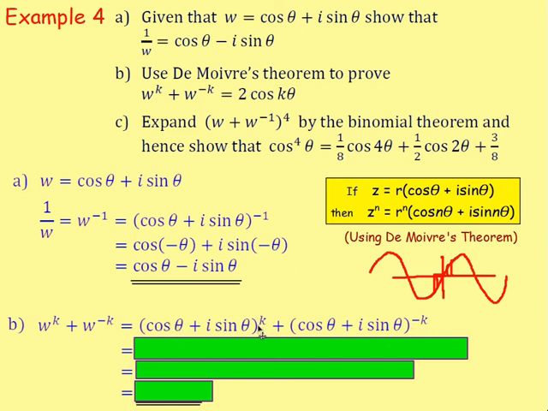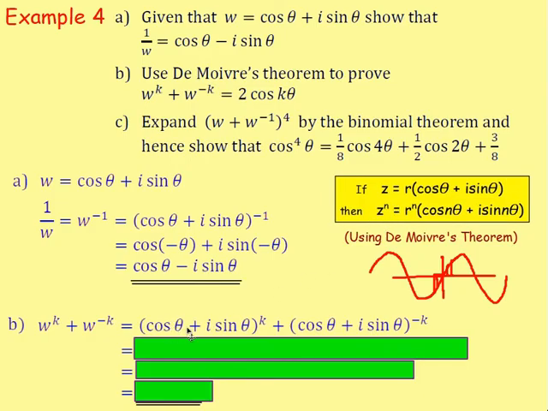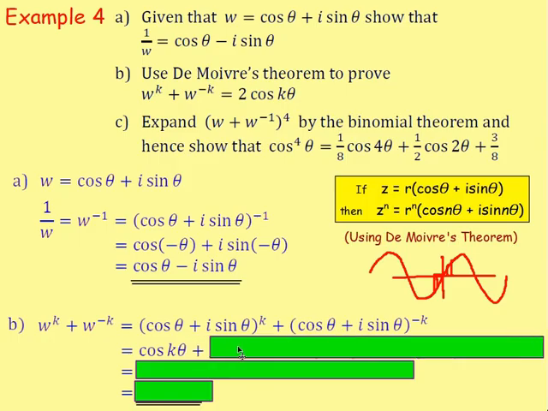If we work this out to the power of k using de Moivre's theorem, if we've got this in polar form to the power of k, we multiply the modulus to the power of k, but the modulus here is 1. 1 to the power of anything is just 1, it stays. But we multiply the argument by k, so we'd have cos k theta plus i sine k theta.